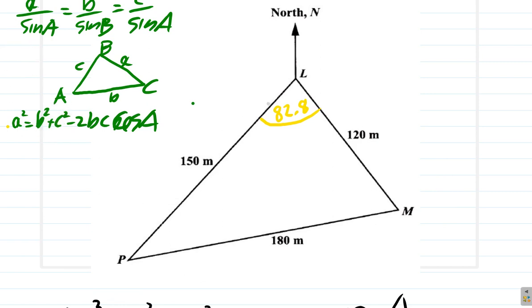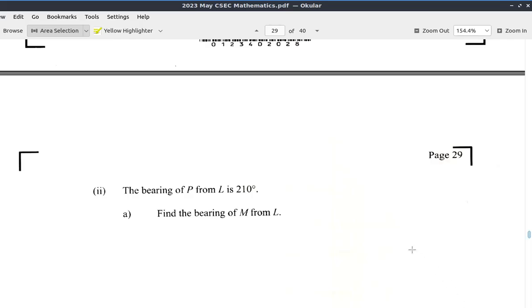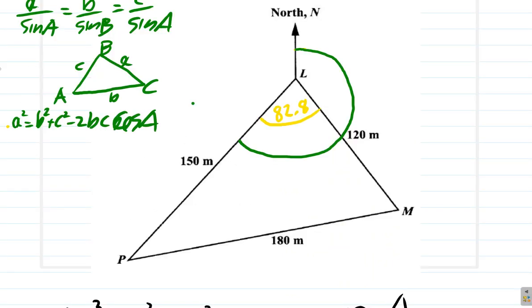Alright, so you have a straight line between L and P. And it says from L means you're going to draw your north line at L. So what that means now is that this angle here from the north line in a clockwise direction to P, bearing of P from L is 210. So that angle there is 210 degrees.